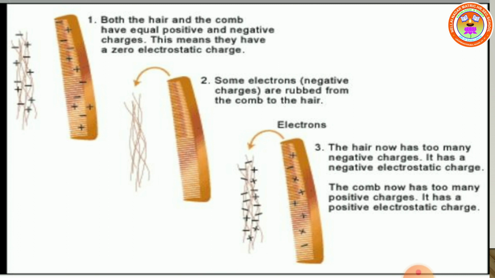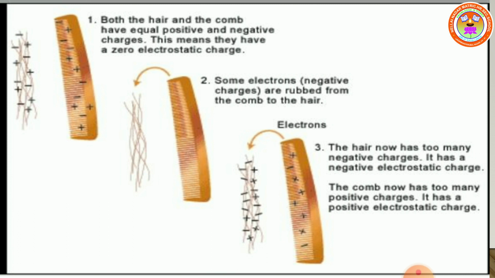When a piece of paper is torn into bits, positive and negative charges are present at the edges of the bits. Negative charges in the comb attract positive charges in the bits. So, the paper bits move towards the comb.